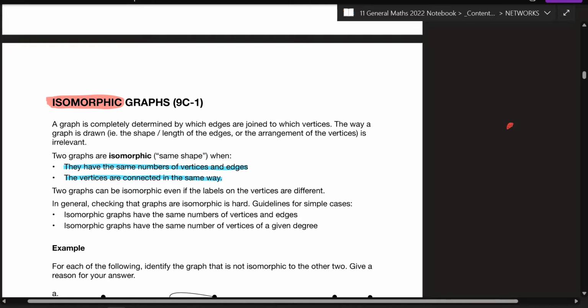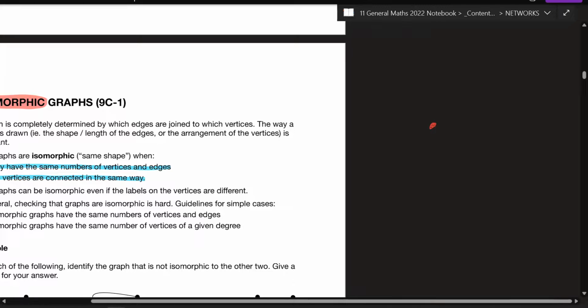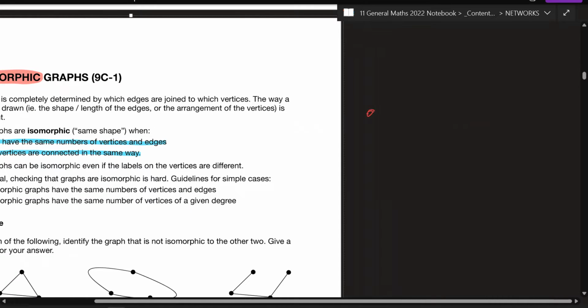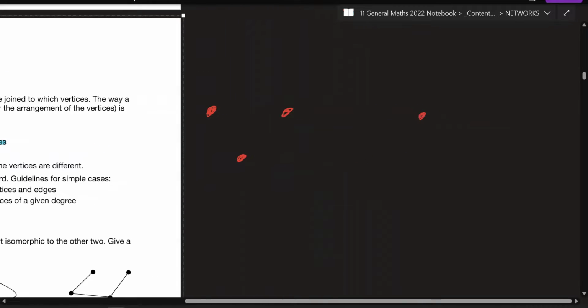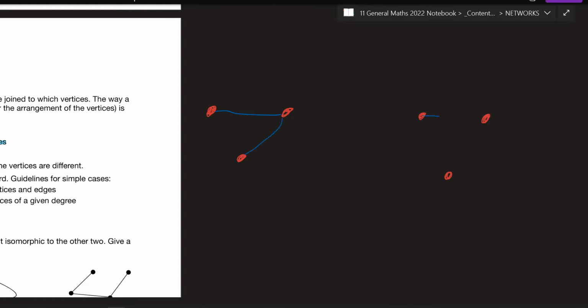One way you might see this is, let's say you've got this graph, and then you've got another graph, and they might have some edges to them. What you've got to prove or show me is whether they are exactly the same.